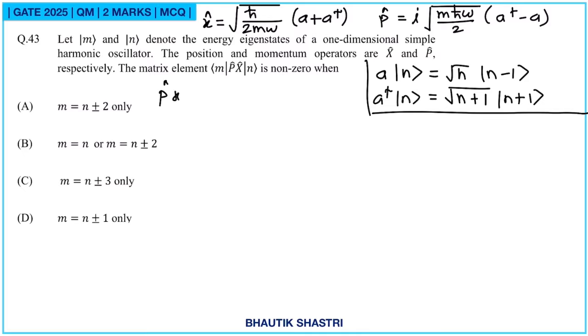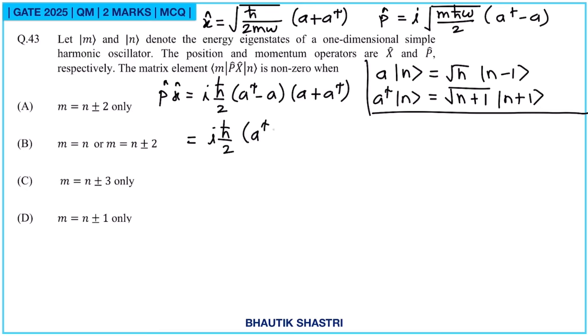So p cap x cap will be equal to i h cut by 2 (a dagger minus a)(a plus a dagger), and that will be equal to i h cut by 2 (a dagger a plus a dagger square minus a square minus a dagger).